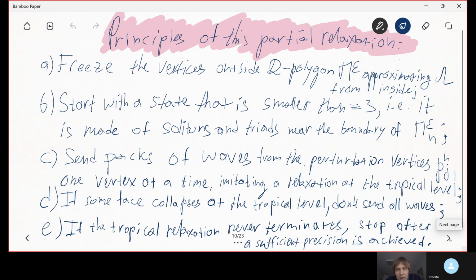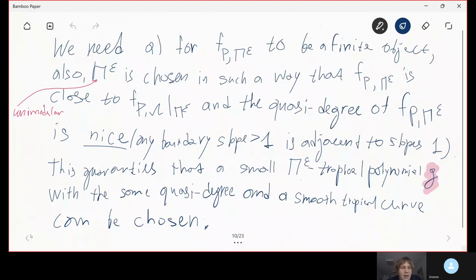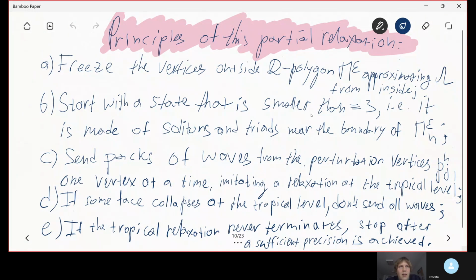There will be some conditions, but essentially this is done to make our situation controllable, so that our tropical series is actually a tropical polynomial, and so that the state we see can be approximated by finite tropical objects having only a finite number of edges and so forth. I'll speak a little bit more about that in the next slide.